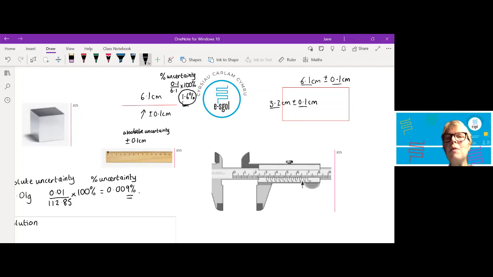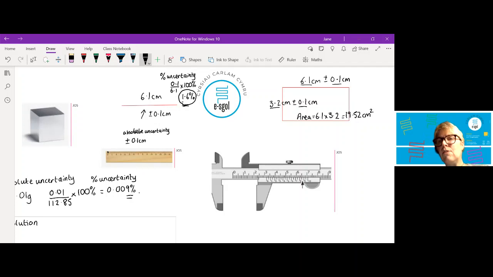So this is why we have to turn everything into percentage uncertainty, and then we can add up those uncertainties, because the area here is given by 6.1 times by 3.2, and that comes out as 19.52 centimetre squared. And you might say to yourself, well, you've done too many significant figures there, and I have.